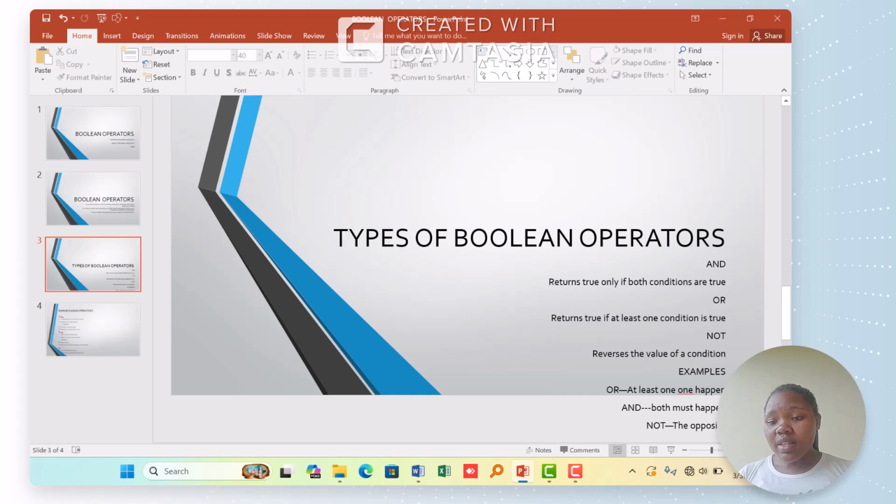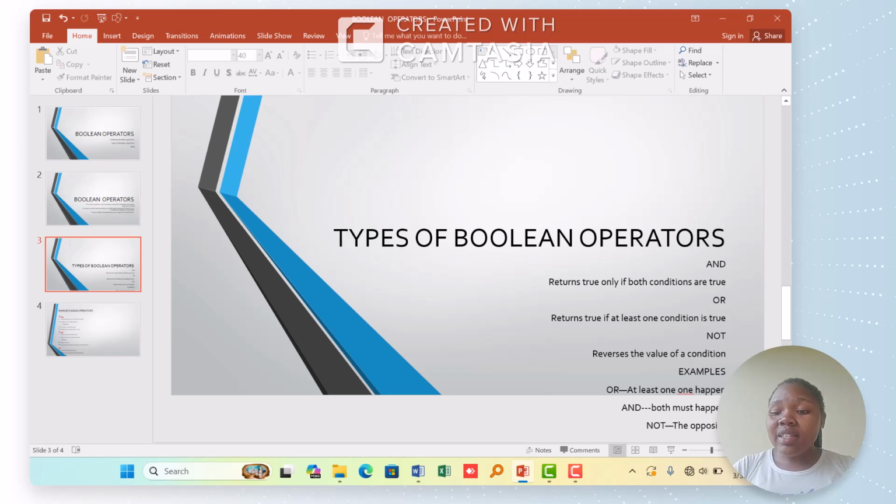And we also see that and tells us that both conditions must be happening at the same time. Yes, both of them must be happening. For example, if I say me and you are going, it means both of the two people are going. So that's the example. We have also not, which is one of the Boolean operators.